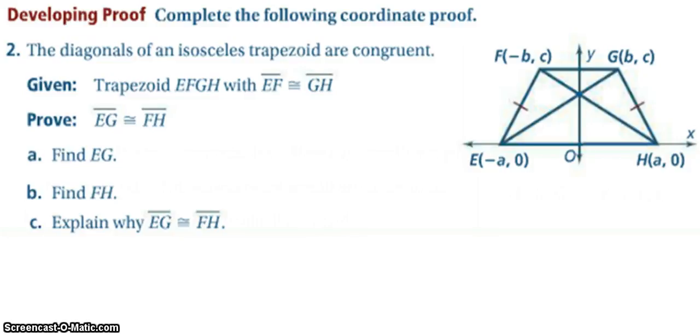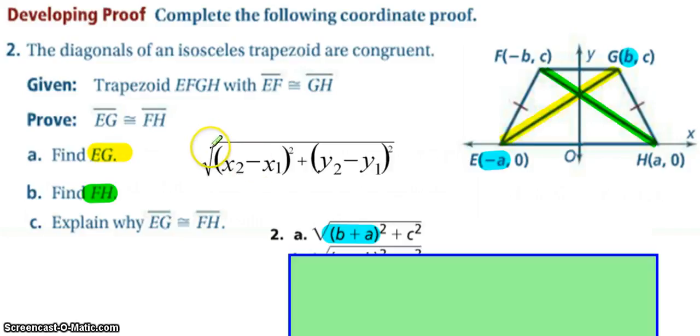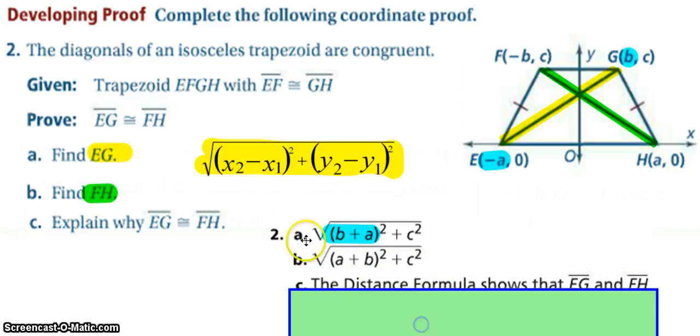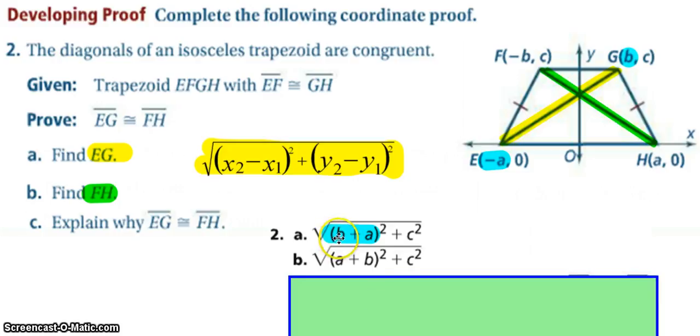Alright, in case you guys forget, right here is our distance formula. We are finding the change in x and the change in y, and then figuring it out diagonally. So for part A, our lengths come here from b minus negative a, which really gives us b plus a squared, and then plus c squared because c minus 0 is just c.